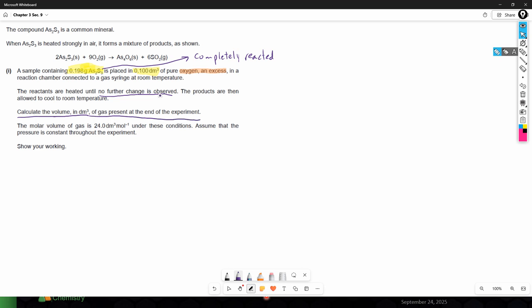Now this is where the critical thinking comes in, because it's not just of SO2, it's not of O2, it's of gas. Meaning we have to think about, okay, what are the gases in this reaction? Now, obviously, one of the products is SO2, and that is a gas, right?